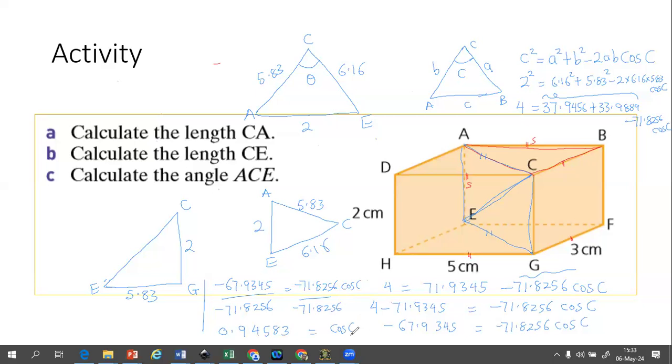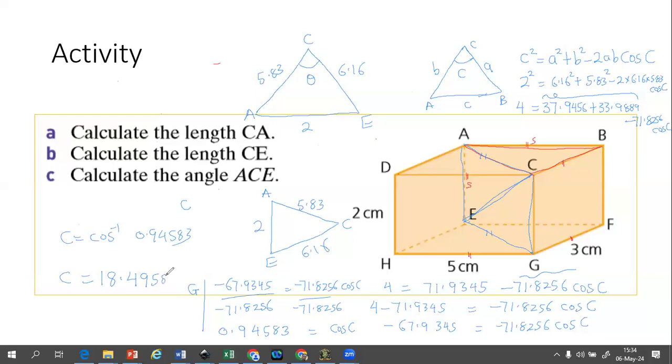So the next step is you get the inverse. So can you get the inverse and tell us what we are coming up with. So C is equal to cos inverse of 0.94583. So what is our angle C equal to? 18.9451.